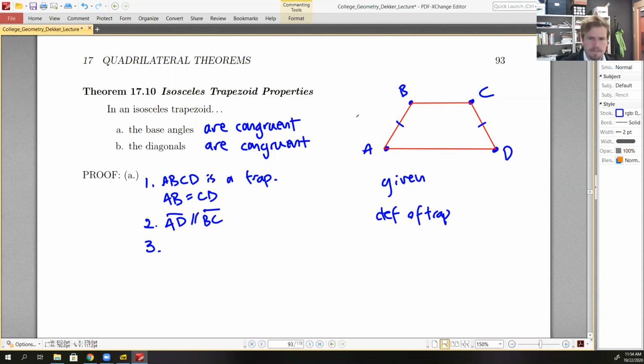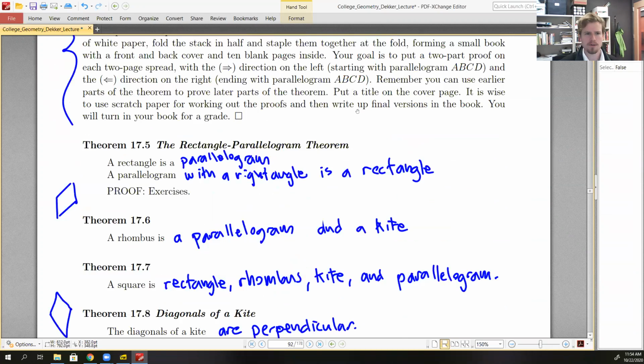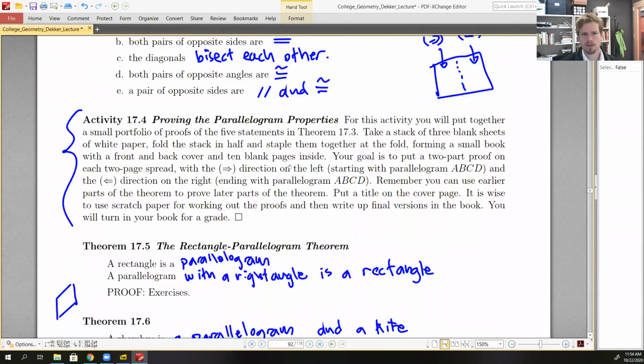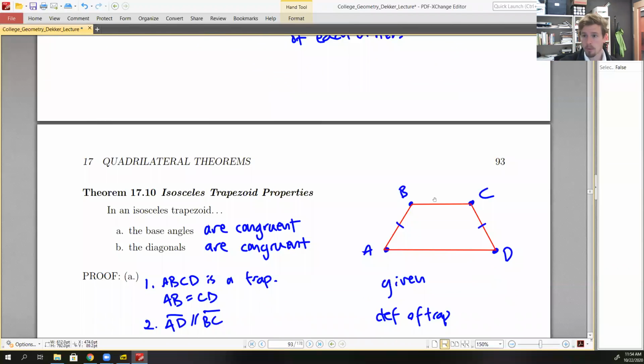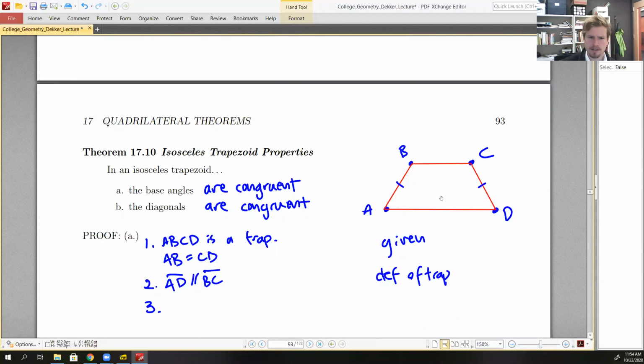In order to show that these are congruent, we're going to have to use, quite preferably, something about parallelograms, because we have quite a bit about parallelograms, or something with triangles.